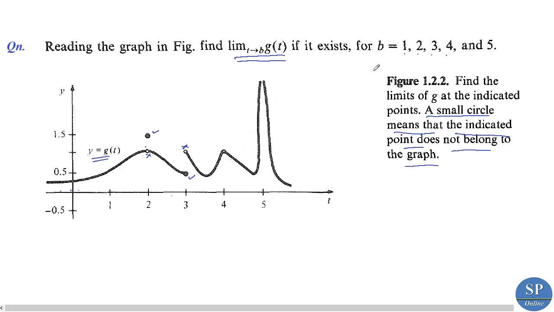Now we have to find the limit as t tends to b of g of t, where b equal to 1, 2, 3, 4, 5.